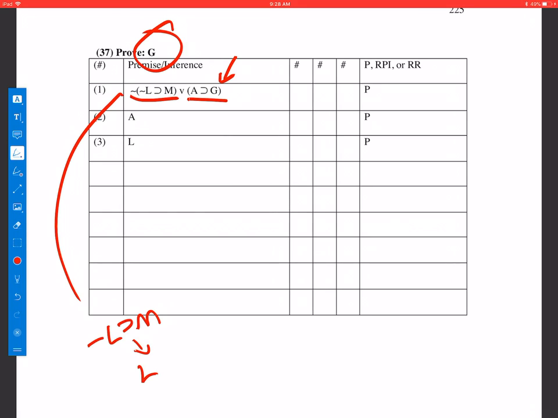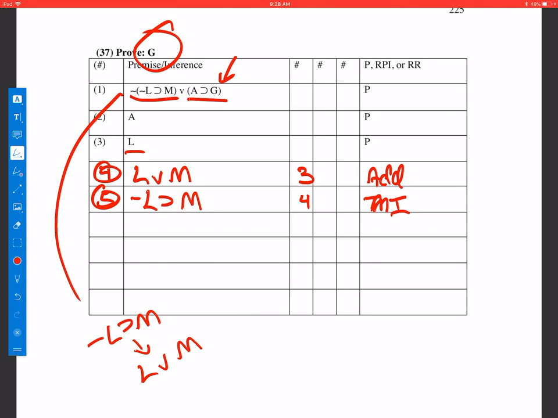And here's the thing to notice. If you do a material implication on the not L then M, that's the same as L or M. And now we see how we can do it. We have an L on line 3, so let's add something to it. How about an M? 4 from 3 by addition, because we know we're going to convert this to a not L, then M for material implication.